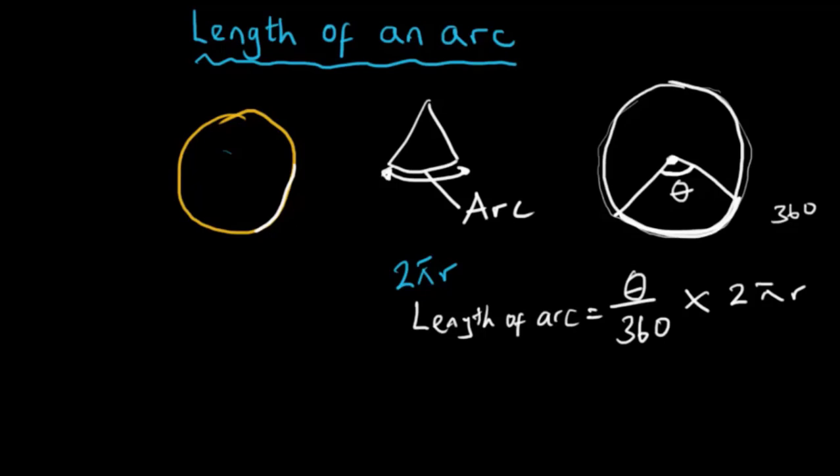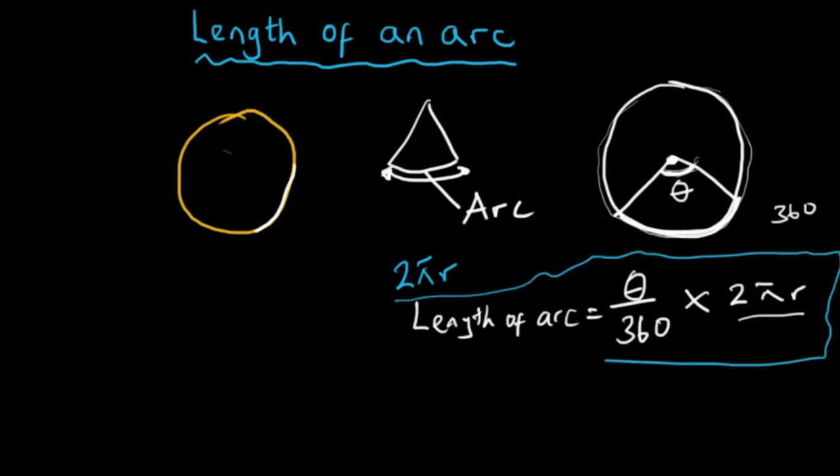Do you understand this? Now remember, because an arc is a fraction of a circumference, we use 2 pi r. And this angle here is actually a fraction of the sum of angles in a circle. So we have theta over 360 times 2 pi r. Now I hope you would not forget how to get this formula.